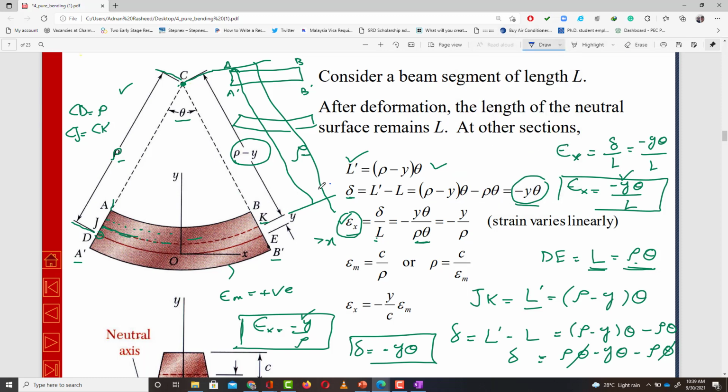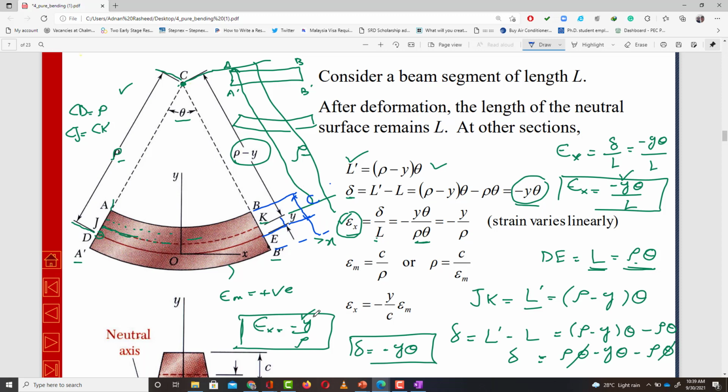Okay, so we have shown that y is the distance from the neutral axis upward. Now this y will be maximum at this point. So let the distance from the neutral axis to the topmost layer or to the bottommost layer be C. Clear?